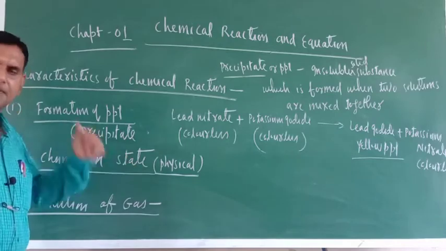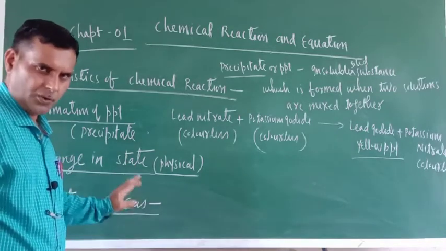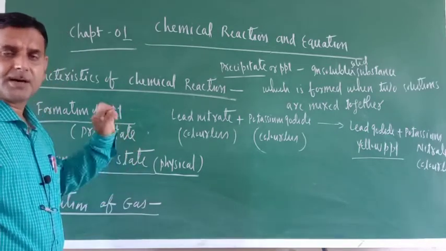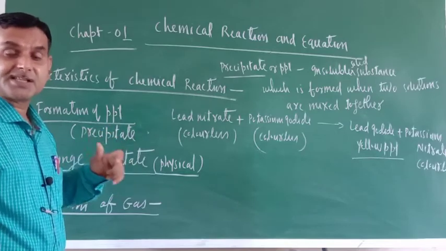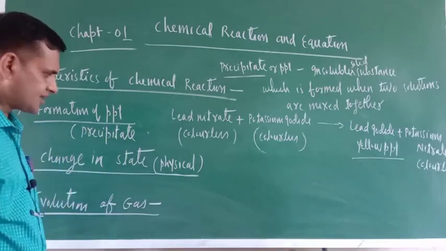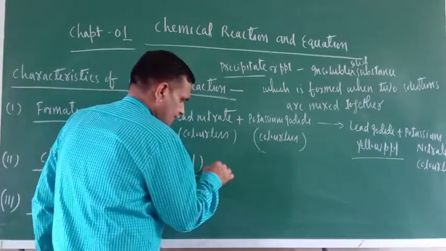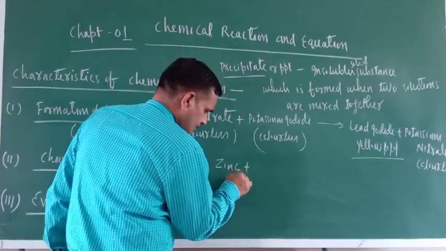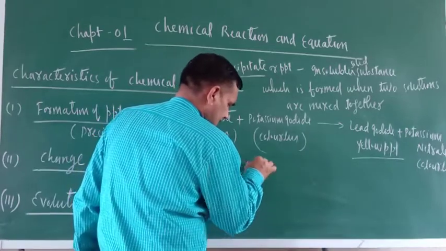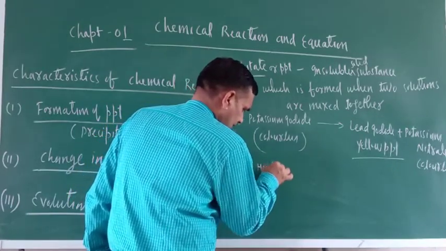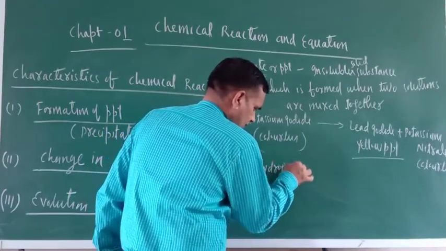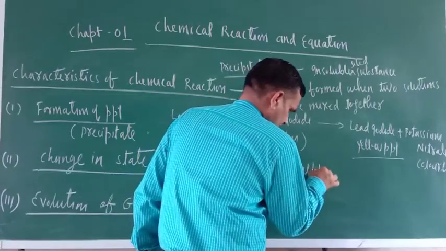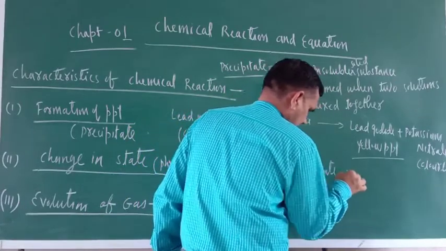Change in state, physical state. During the course of a chemical reaction, the physical state also changes. Just see, a very simple example. I wrote this reaction. Zinc is reacting. Zinc is solid. It is reacting with hydrogen sulfate. So what is formed here?